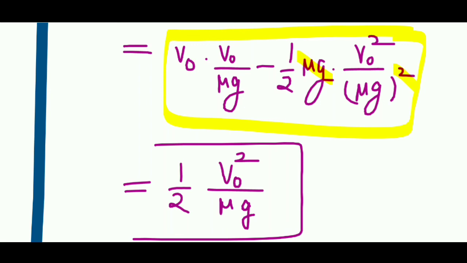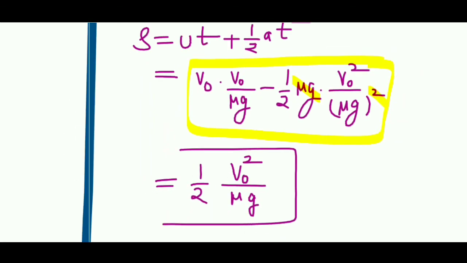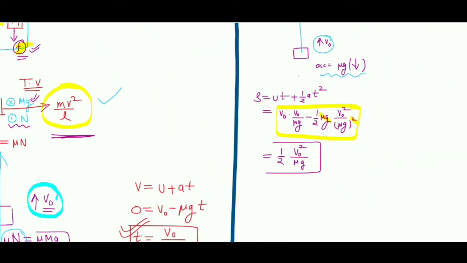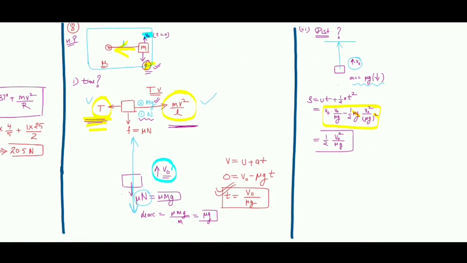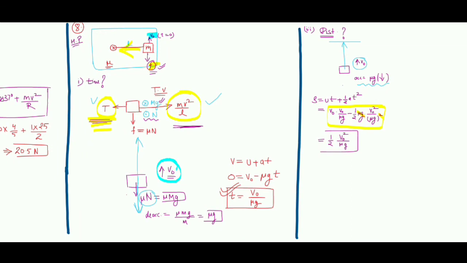Done. So the time taken is coming out to be v0 divided by mu g, and the distance traveled before stopping is coming out to be half of v0 square by mu g. Check it out. And in both the cases, I have simply assumed that it is a straight line motion.